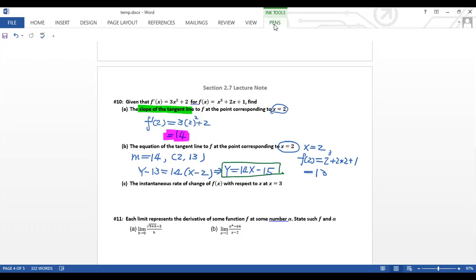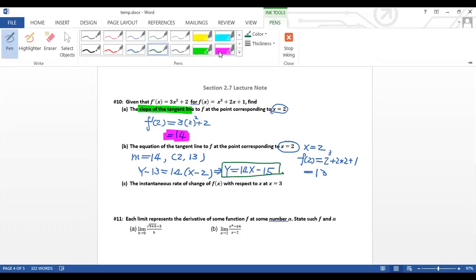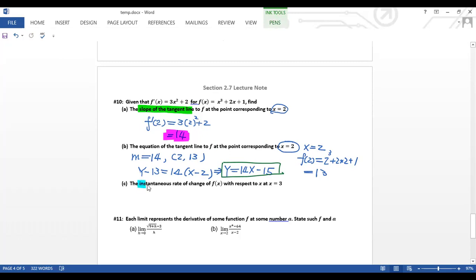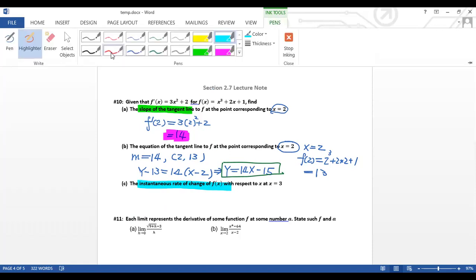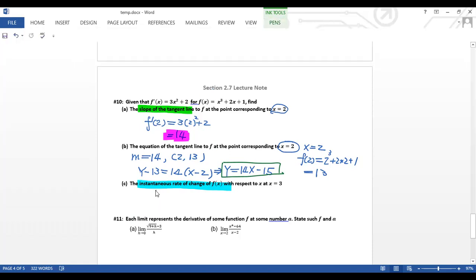Now the next thing, let's find the instantaneous rate of the change. One more time, what does that mean? That means f prime x at x equal to 3, so it's f prime 3. This will be 3 times 3 squared plus 2, which is 29. So the instantaneous rate of the change is 29 here.